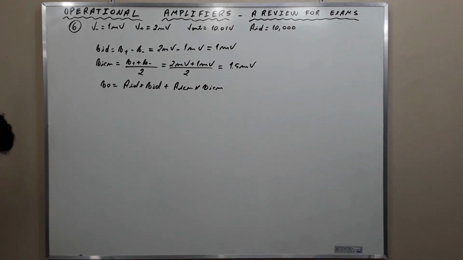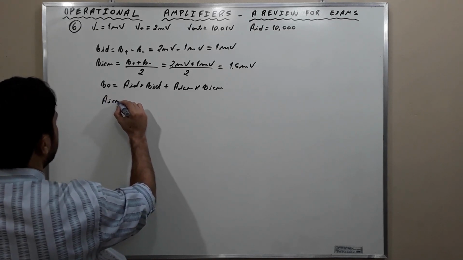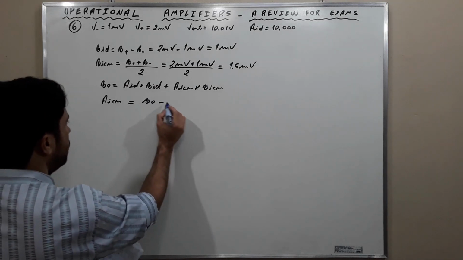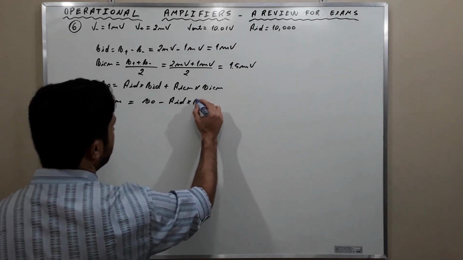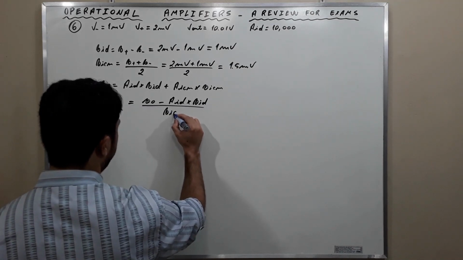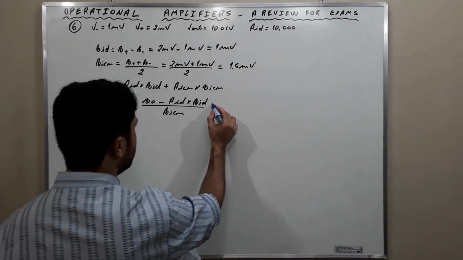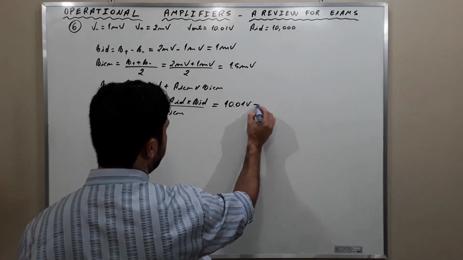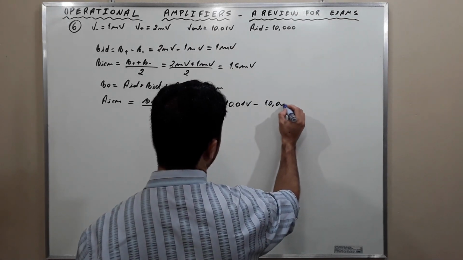Rearranging these terms, we get that AICM, okay, is equal to VO minus AID times VID, all divided by VICM. And the output voltage in this case was stated to be 10.01 volts. The differential gain is 10,000.